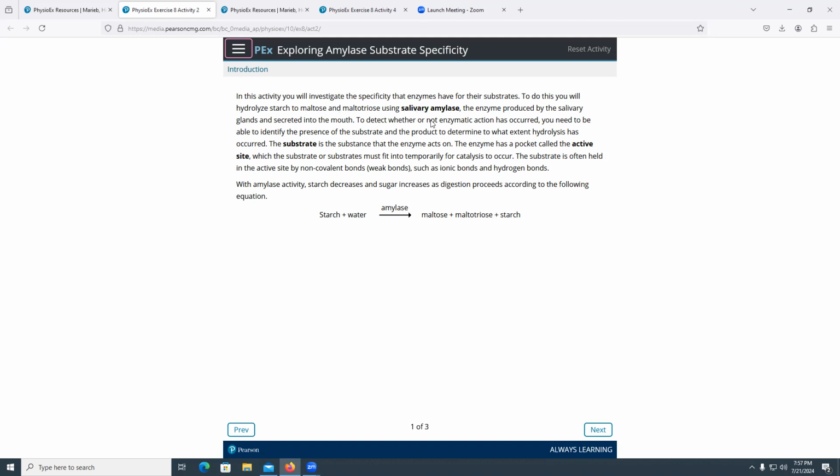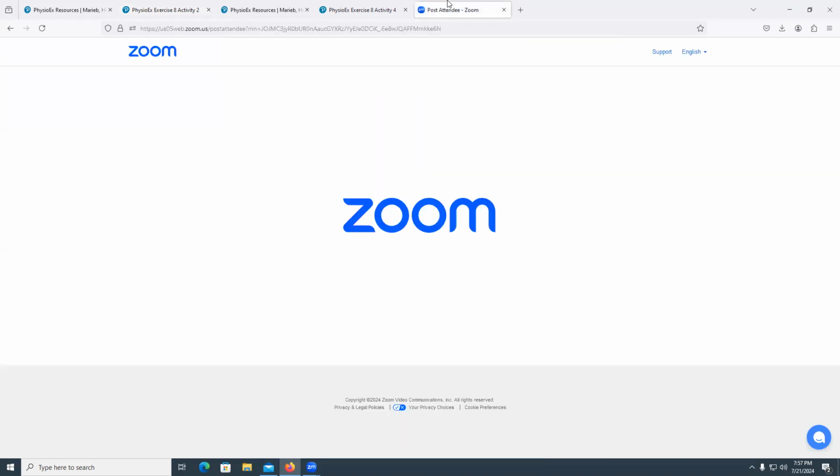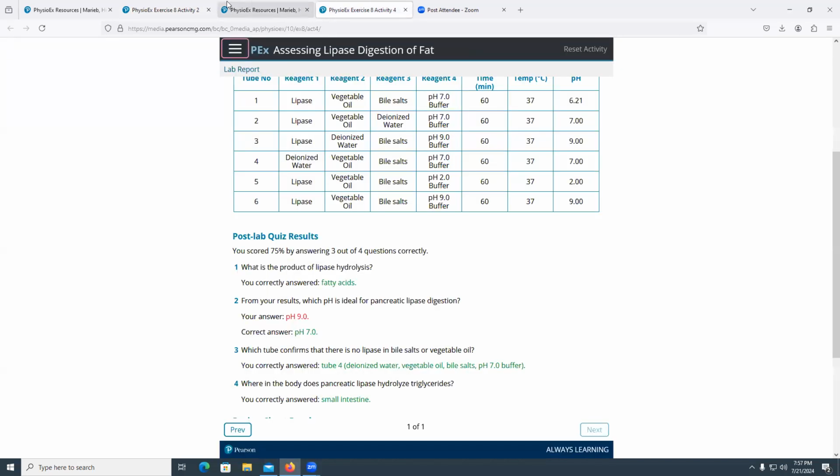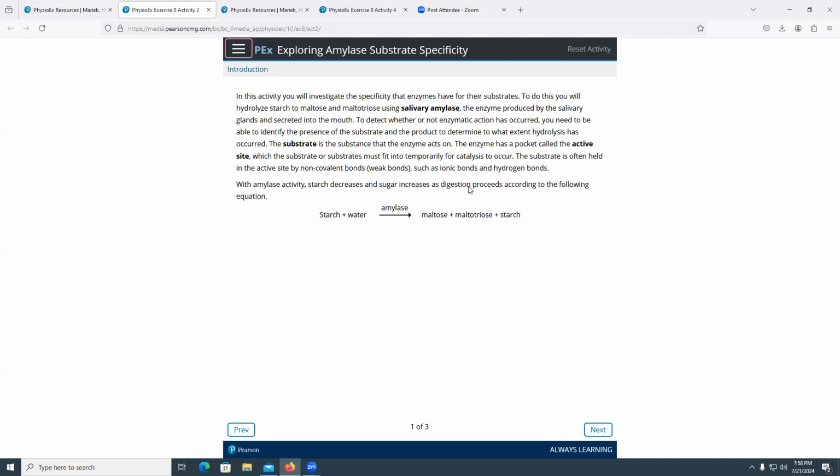So maltase cannot break down starch. After amylase breaks down starch into maltose and maltotriose, then maltase will come into play.